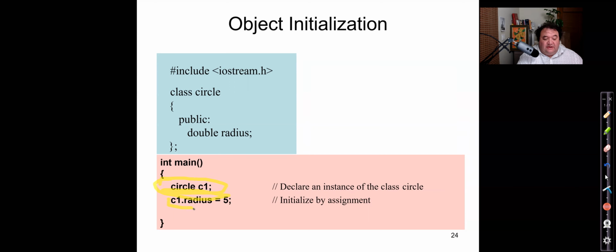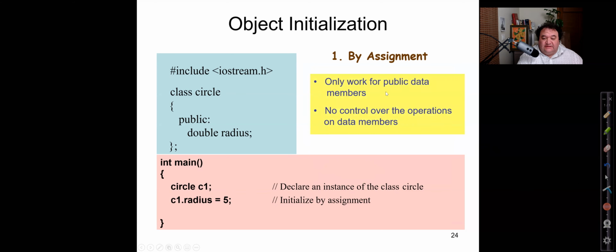And then through the dot notation, so it's not only for methods and functions, it's even for the variable itself. If it's accessible directly, in this case it's public, we can assign directly the radius of the circle with the dot notation. So we can do the assignment, but obviously this works only for public members.